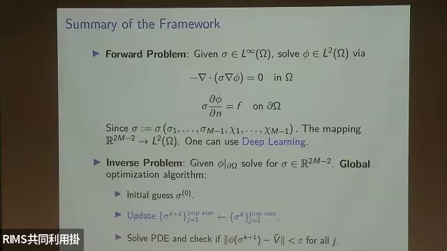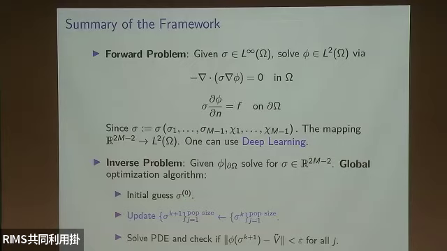However, those approaches are given a fixed sigma, and you have to train a neural network to solve for phi. That's a problem, because with another initial guess you have to train multiple times, and training a neural network takes a long time.